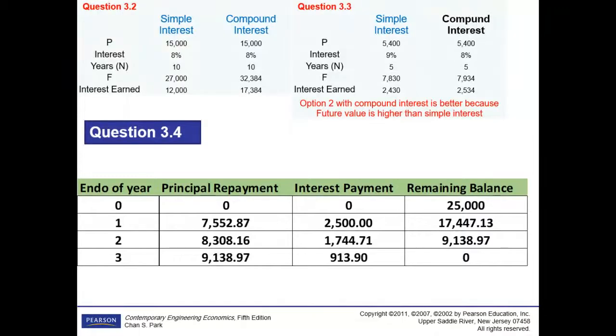Yes, okay, this is the amount of interest paid on 25,000. In other words, if you take a total of the interest payment column, it should be the same. Can you make a total of the interest payment column? Is it the same?